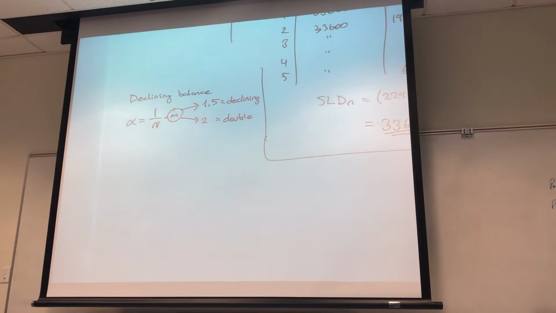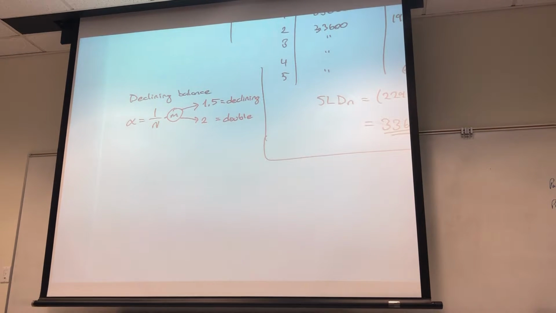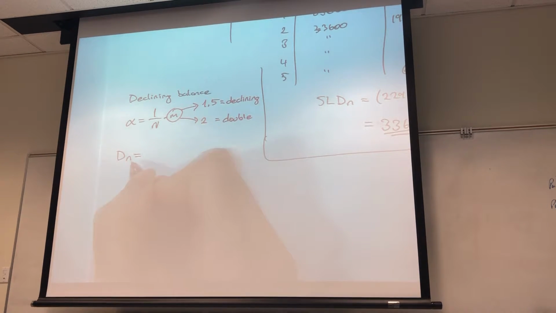Okay, so the formula for depreciation is, at n, this is the point in time, dn will be equal to alpha times book value n minus 1. So now you can see this is not a constant. This always changes. This decreases very rapidly, unlike the straight line one, which decreases very slowly. So let's try it out.